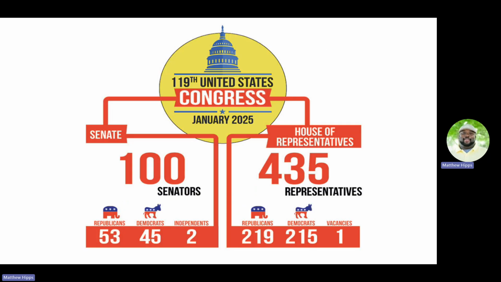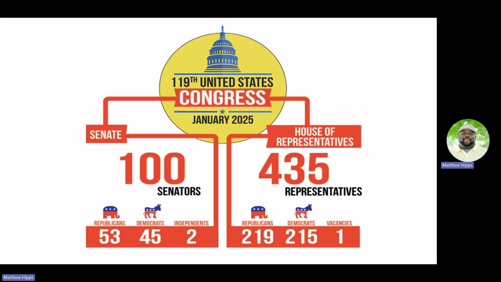The current makeup of our legislature is a Republican controlled Senate and a Republican controlled House of Representatives. That means that the entire lawmaking process is currently controlled by Republicans.